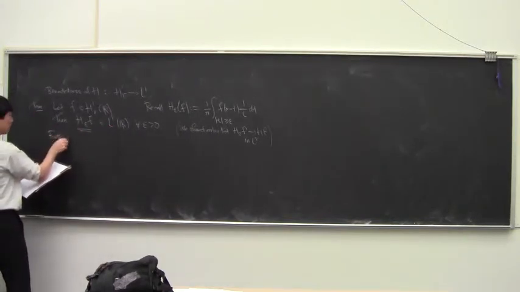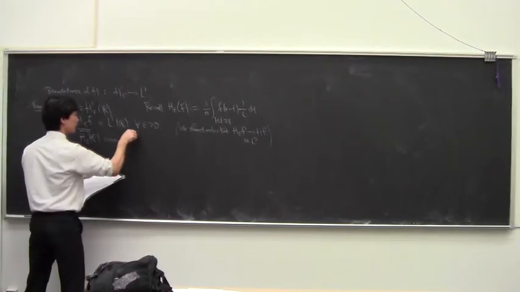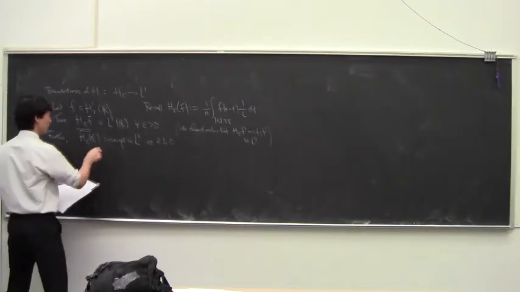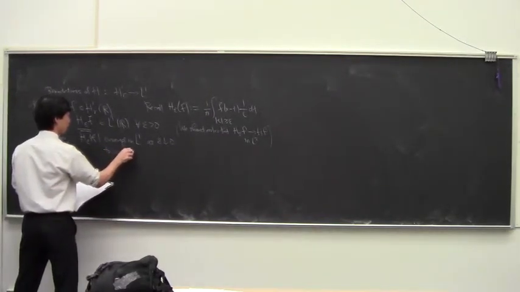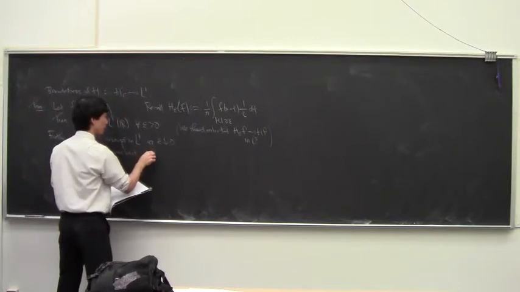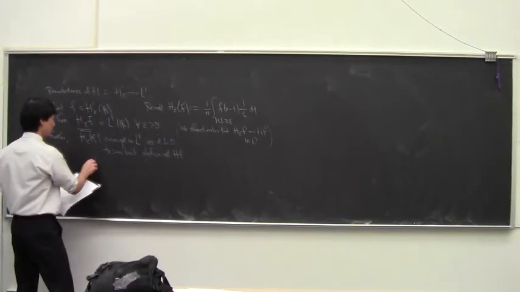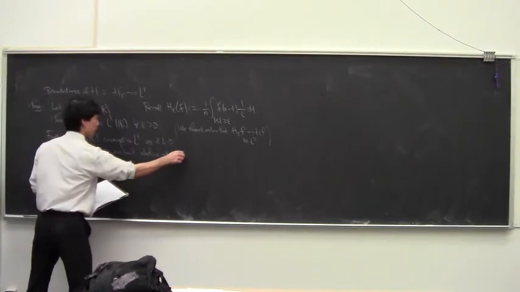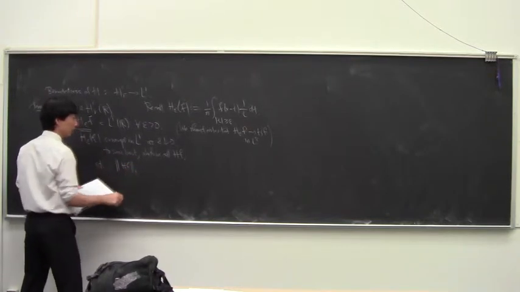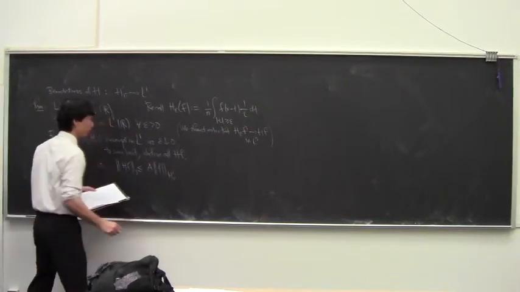Further, H epsilon F converges in the L1 sense, as epsilon goes down to 0, to some limit, which we call HF, and such that the L1 norm of this limit is bounded by some constant times the H1 norm of F.